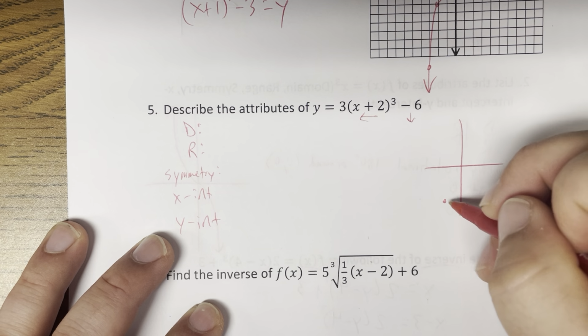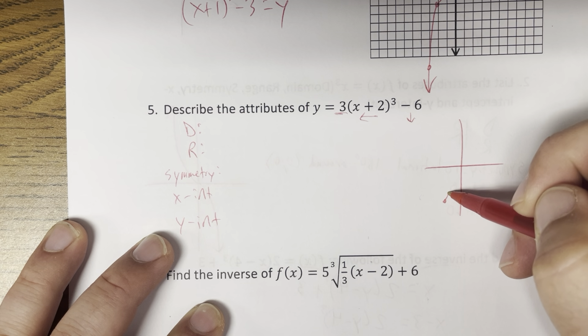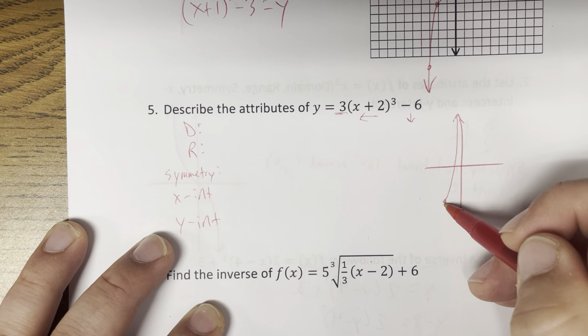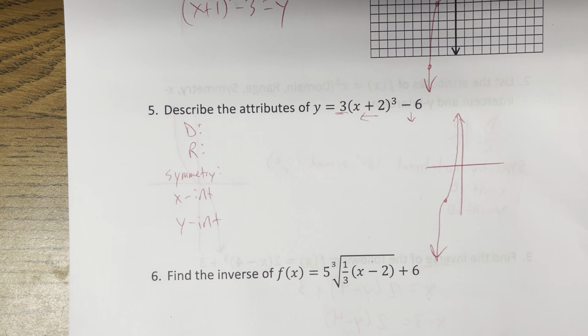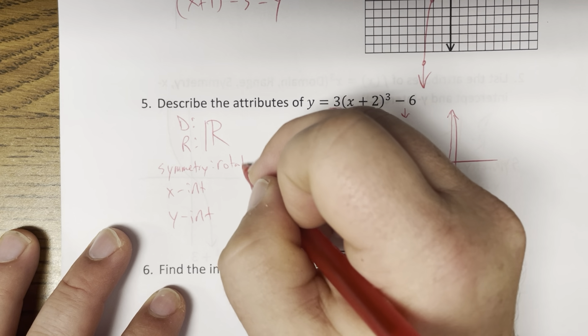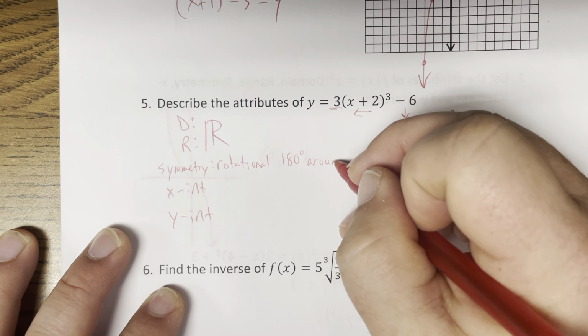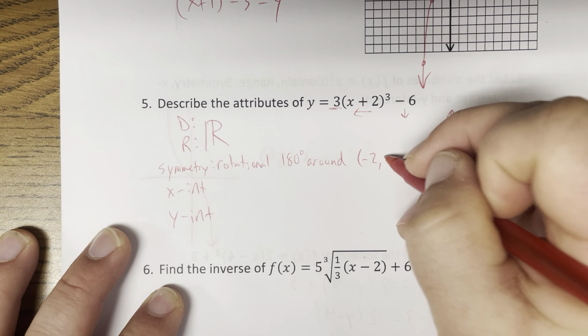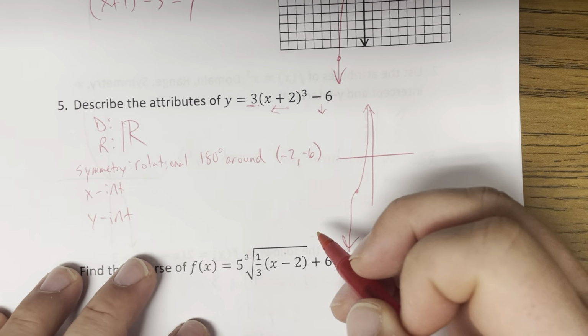And it's being stretched by 3, so it's going to be a lot narrower, but it's going to be something like that. Domain and range again are all real numbers. It has rotational symmetry, 180 degrees around the inflection point, which on this one is (-2, -6). For the x and y intercepts, I'll solve algebraically.